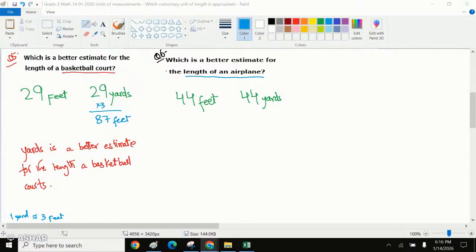See, when we saw a basketball court, we said better is in yards. An airplane is bigger than the basketball court, agreed?